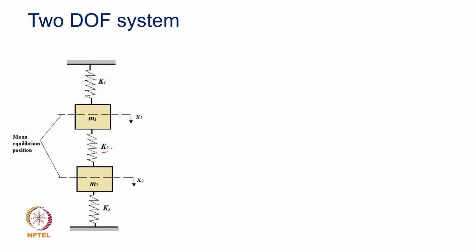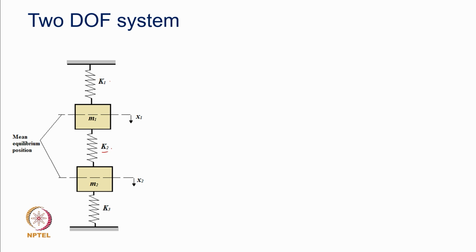So, either K1 will be absent or K3 will be absent, and then the system will represent the original system. If you have a string which is fixed at both ends, then the total mass of the string can be distributed into two masses, and the two masses will be separated by springs on either side.